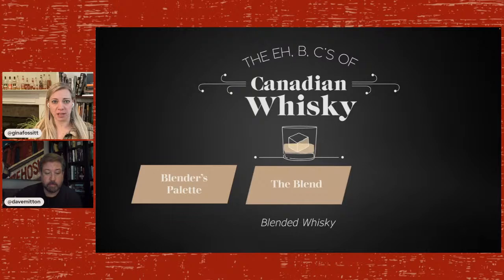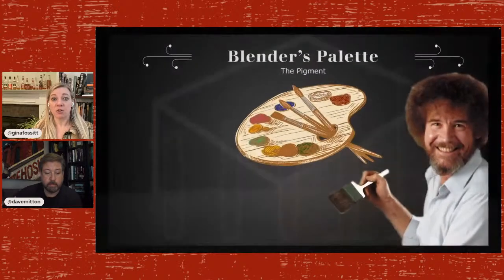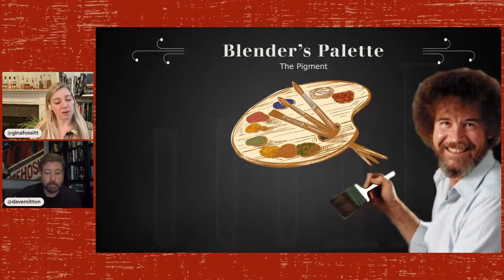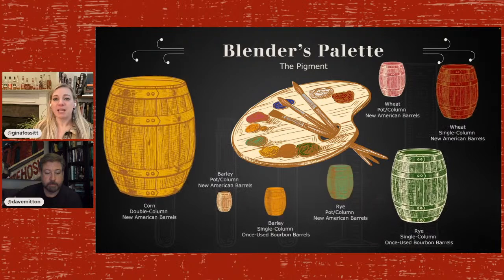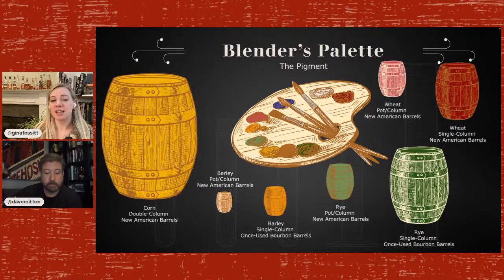Okay, let's talk about the blend now. So our artist here, Mr. Bob Ross, we will use as an example, our wonderful artist, has painted us this very layered, complex blend. And, the size of the barrel here in this illustration is representing the amount of this particular whiskey in the blend.